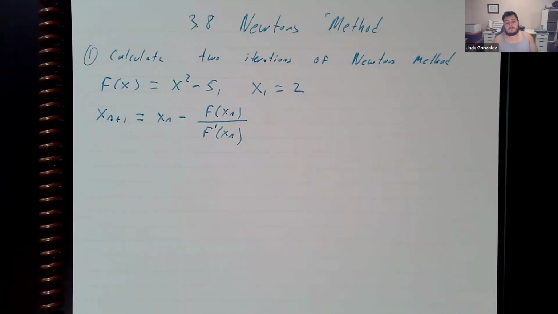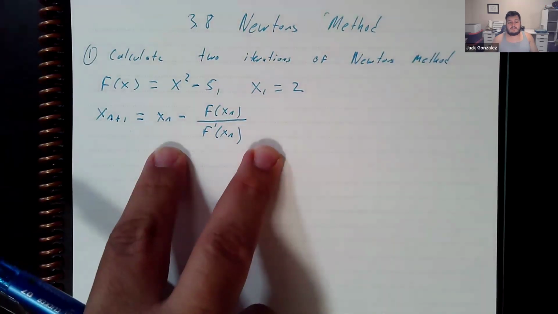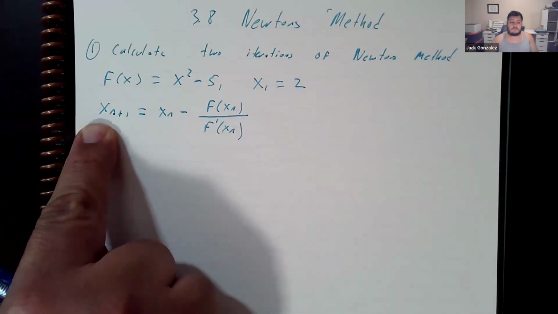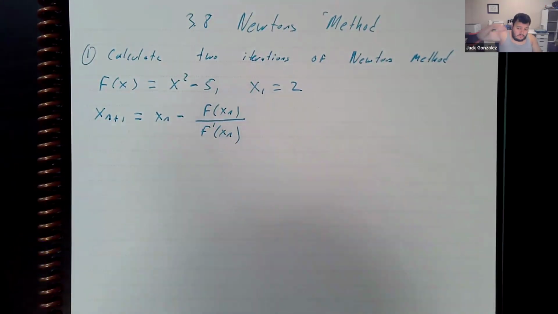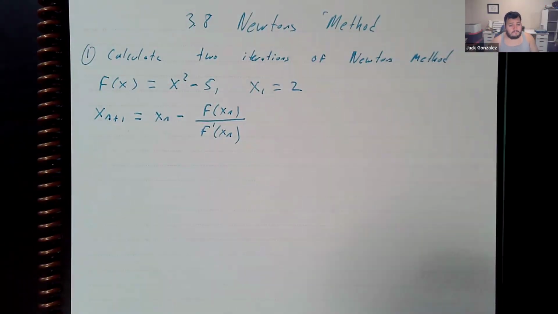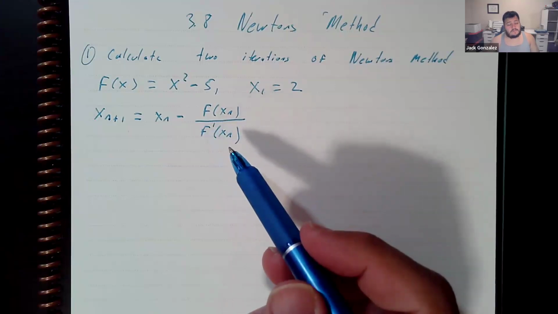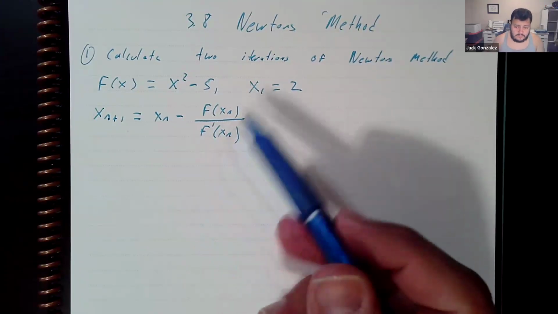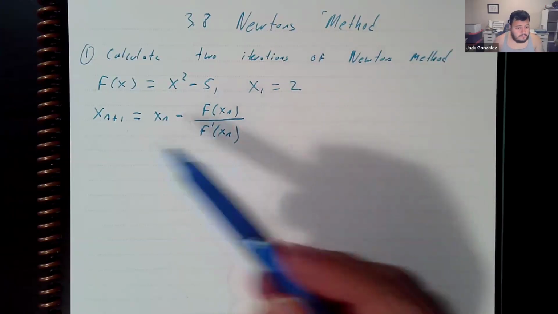So the equation uses the initial one to give you the next one. Once you find that, you plug it in and find the following point, then you can keep doing that. This is something that we usually code because it's annoying. It's actually a really fun intro programming problem.